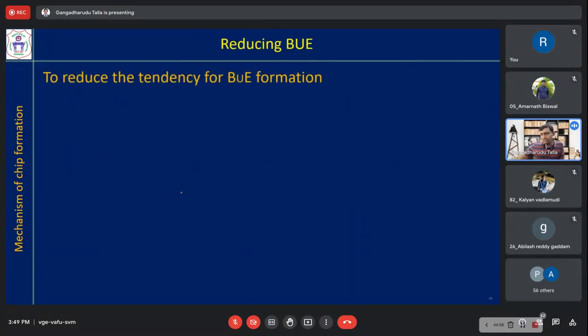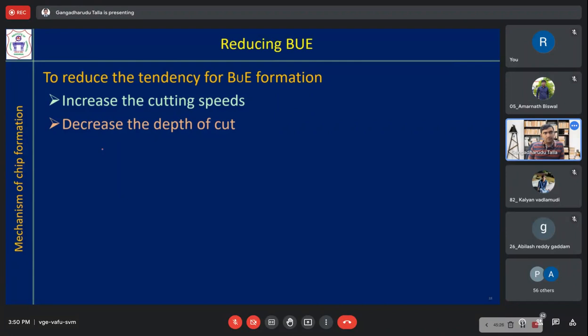Now, how to reduce this built-up edge? Built-up edge has many disadvantages. How do we reduce it? Increase the cutting speeds. At higher cutting speeds, chances of built-up edge will reduce because less heat will be generated. Mainly that heat is the main reason for built-up edge.